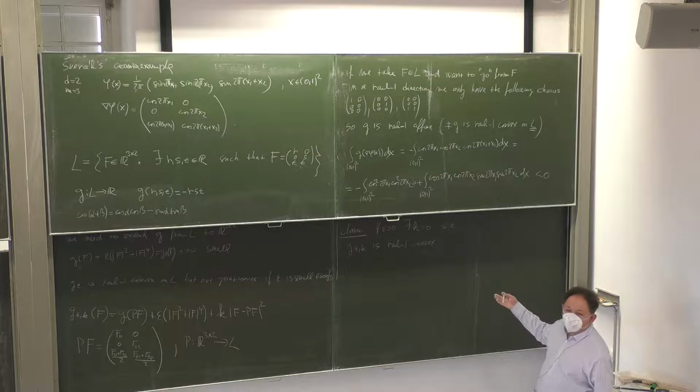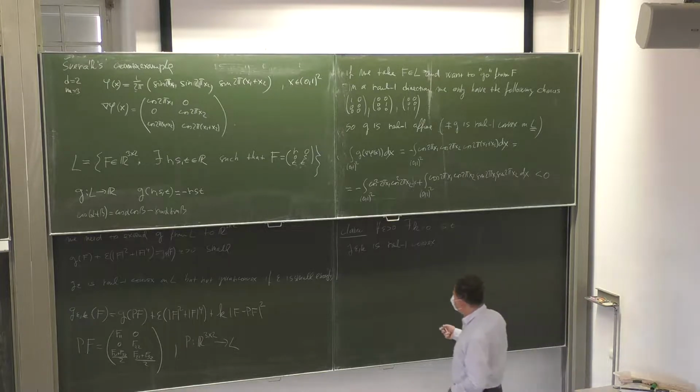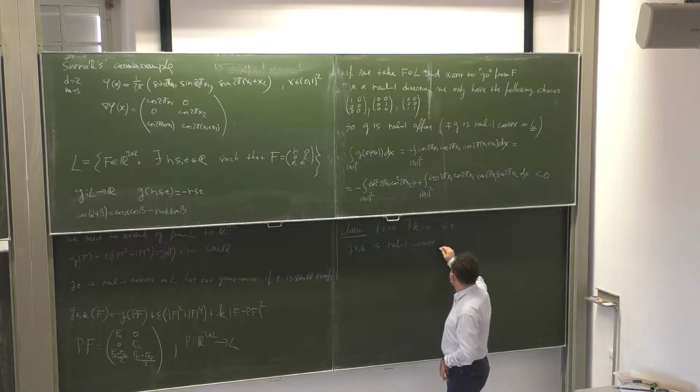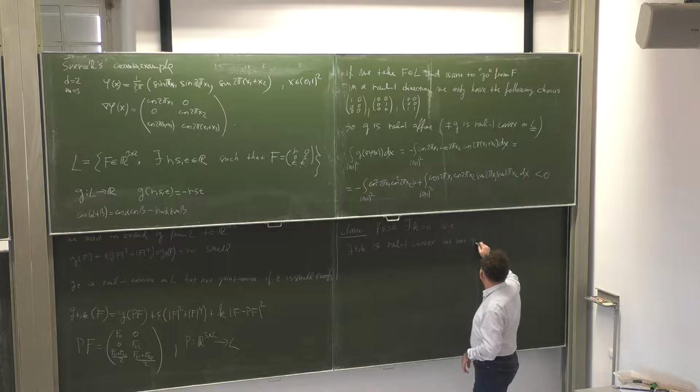Assume we prove this, then we would know that this function is not quasi-convex, because this is the second part of the claim.